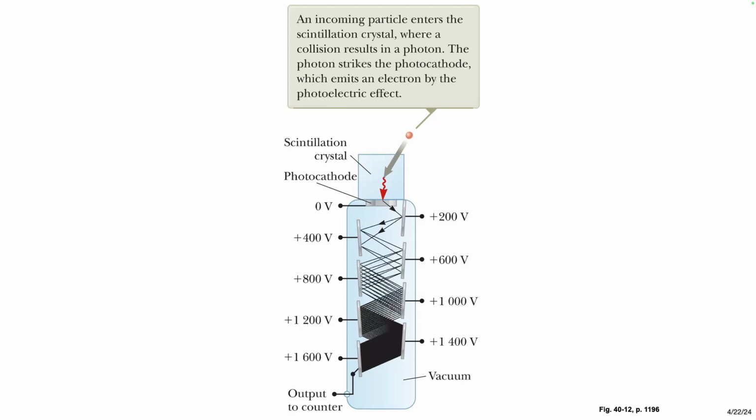Well, a photon comes in, it can knock a charge off via the photoelectric effect. And then we can keep taking advantage of the stuff we learned back in circuits and with electric fields. If we apply potentials across different plates, and every single one of these plates causes a photoelectric effect to happen, what we end up with is an avalanche or a chain reaction of photoelectric effects. A photon comes in, produces a charge.